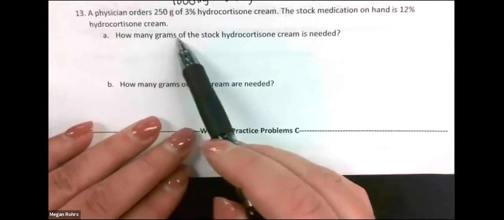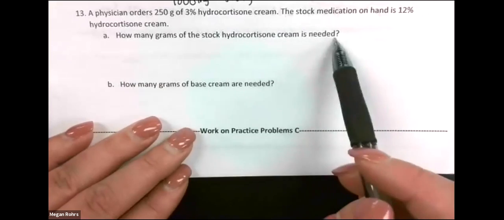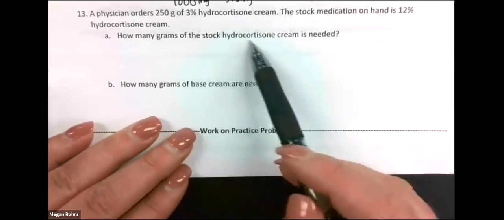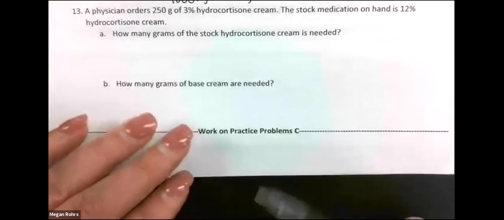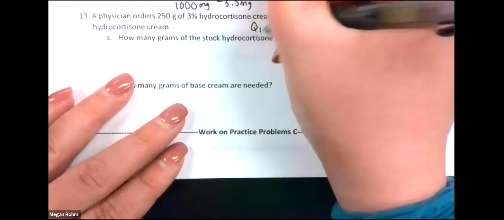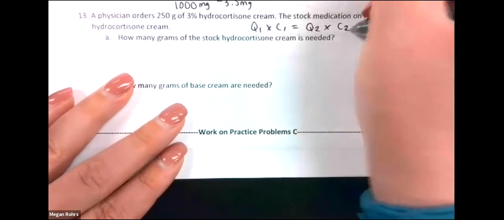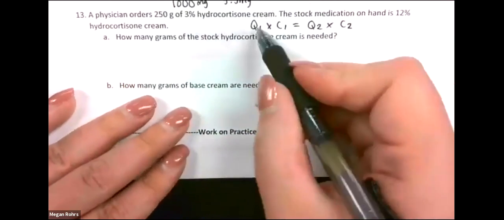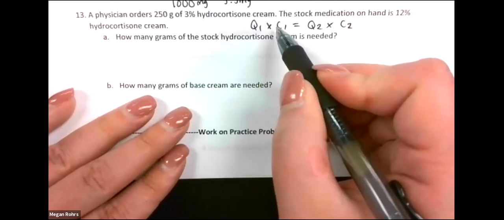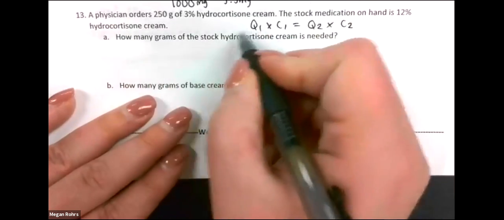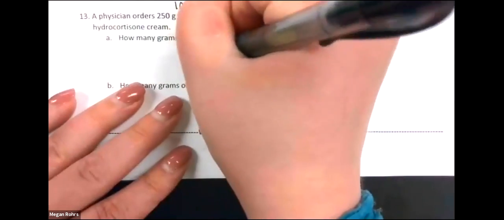So it says how many grams of stock is needed. So that's going to be our Q1. So remember, Q1 times C1 equals Q2 times C2. We say that this side is the stock. So we're looking for grams of stock. We don't know our Q1 here.